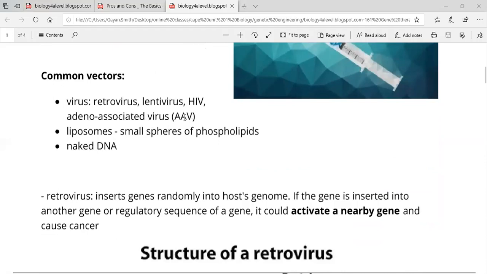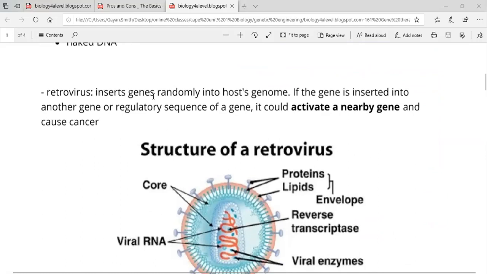These are all retroviruses. They are designed to infect cells and inject their DNA into cells. Other ways you could introduce it is by using liposomes, which are small spheres of phospholipids, or you could just inject the naked DNA into the cell.